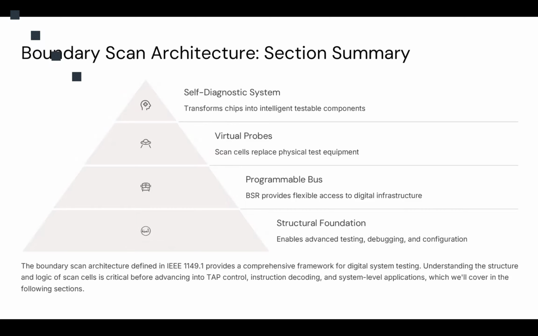We already said there are other standards in that family, and this architecture can also support those applications. So it's not just a one-purpose tool. It's basically a structural foundation for our system.